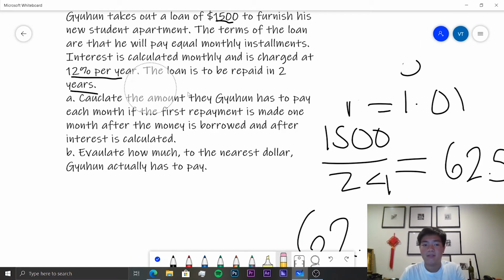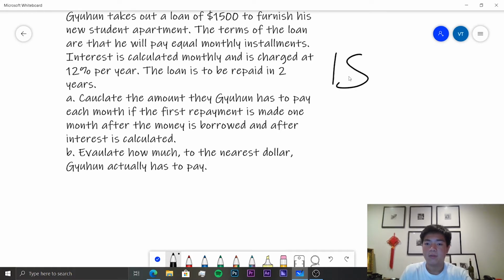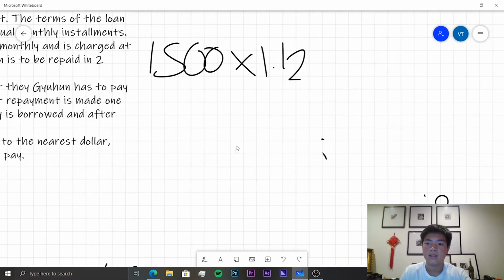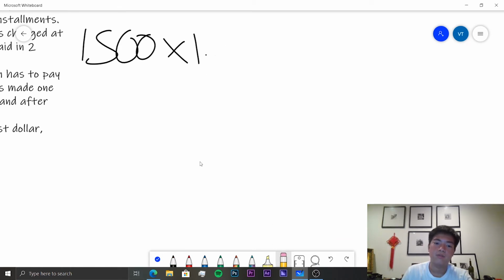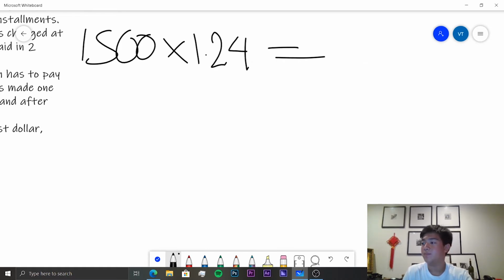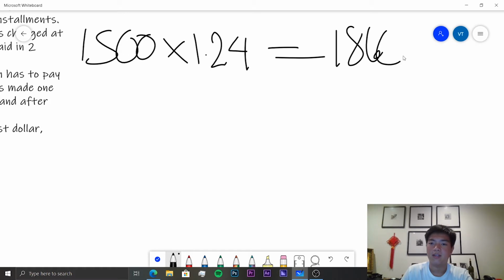So 12% a year works out to be 1,500 times 1.24, which is like 1,860, right?